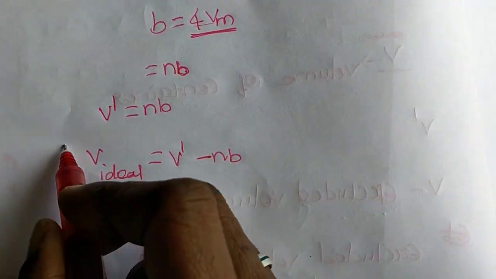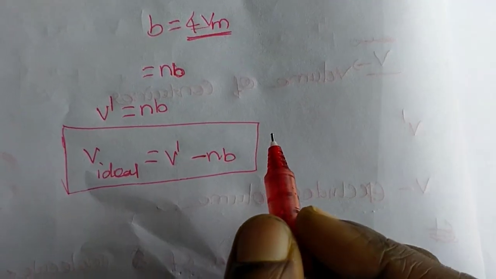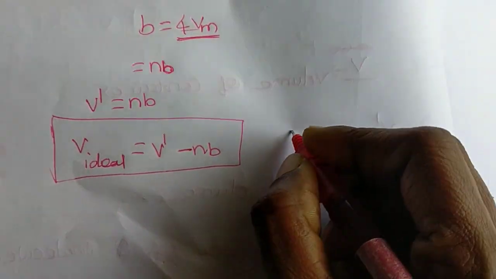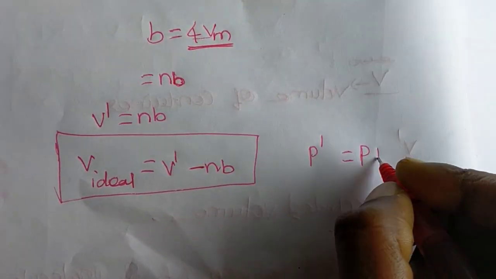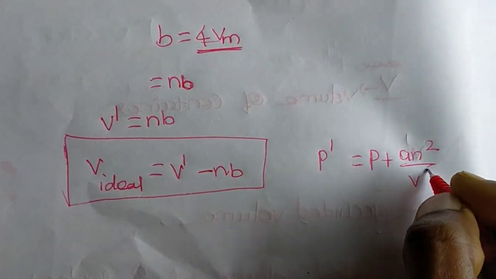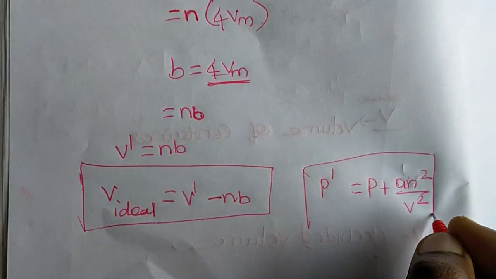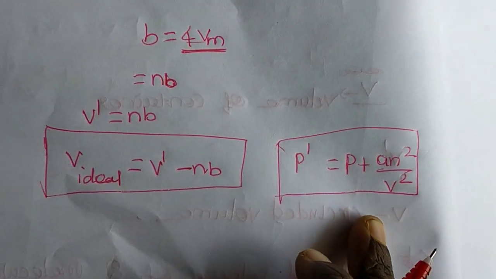Okay, so this is the value for volume correction. And what is the value we got for the pressure correction? P dash is equal to P plus a n square divided by V square. These are the correction values. This is volume correction and this is pressure correction.